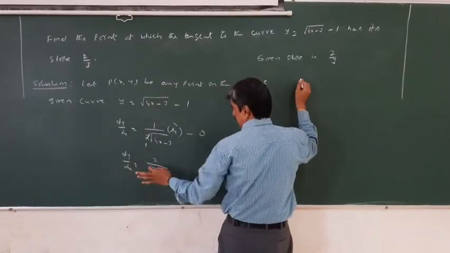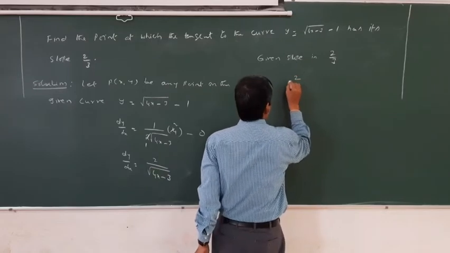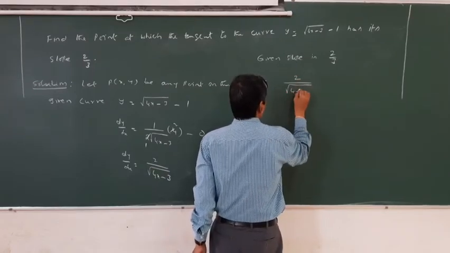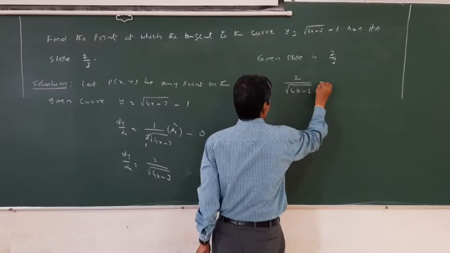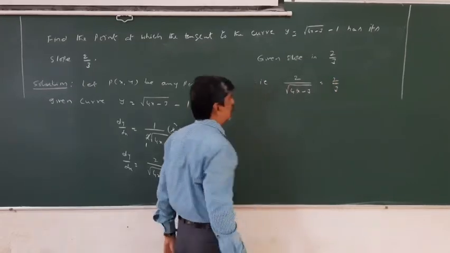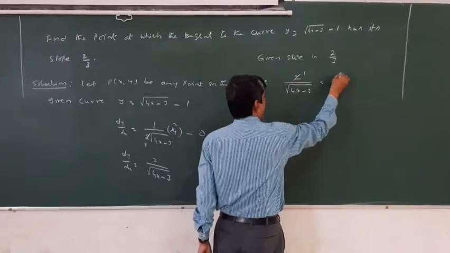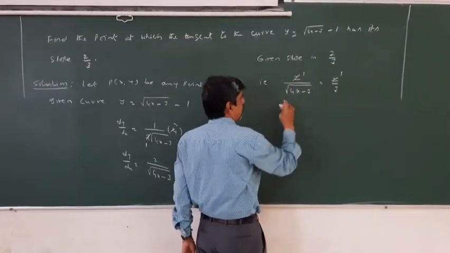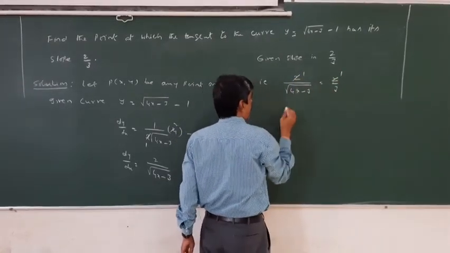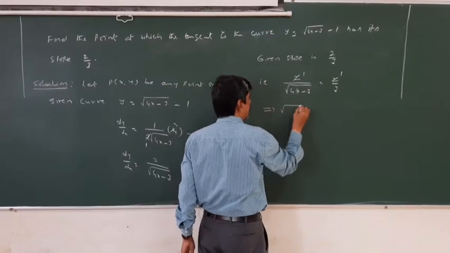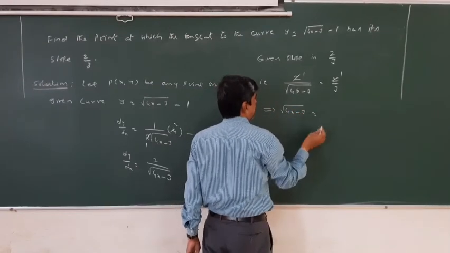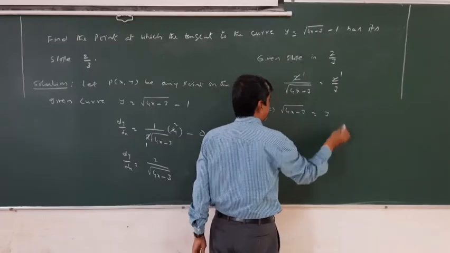So due to that reason, 2 by root over 4x minus 3 is equal to 2 by 3. Then 2 cancels with 2. Then cross multiply. 1 into root over 4x minus 3 is equal to 3 into 1, which is 3.